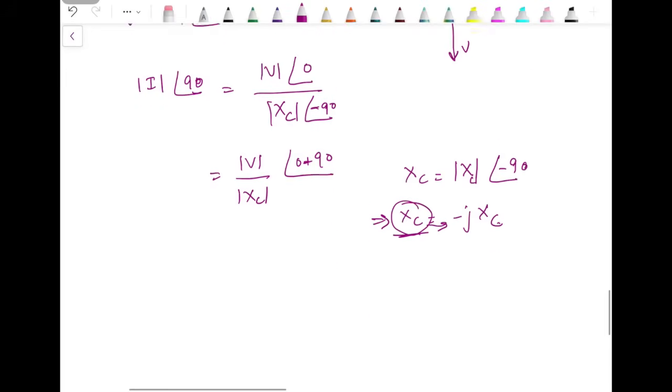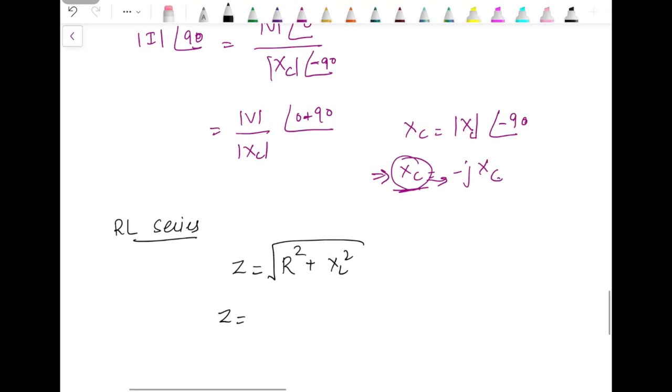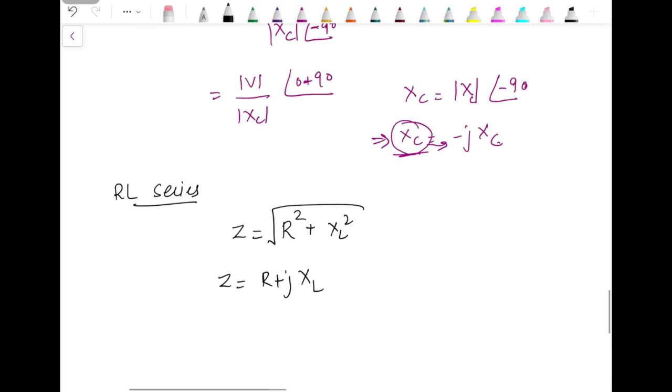So in case of RL series circuit, where impedance is square root of R square plus XL square, that is actually written in complex form as R plus JXL. Now if we compare this, magnitude is the square root of R square plus XL square.